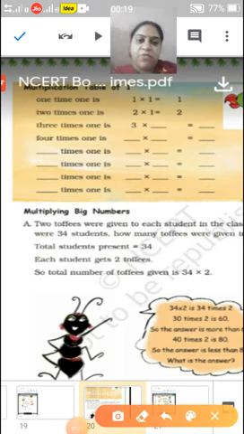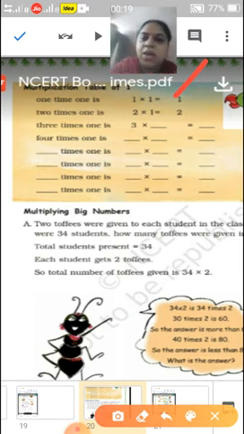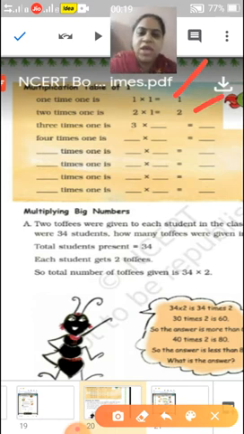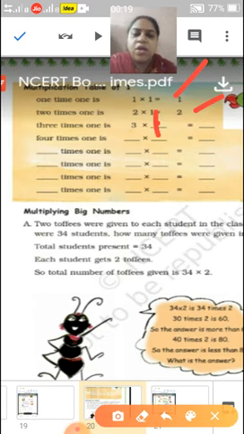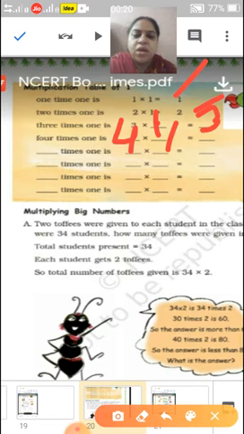Multiplication table of 1 means 1 time 1 is 1 into 1 is equal to 1. 2 times 1 is 2 into 1 is equal to 2. 3 times 1 is, that means 3 into 1 is equal to 3. 4 times 1 means 4 into 1 is equal to 4.